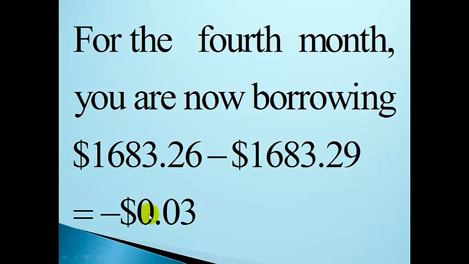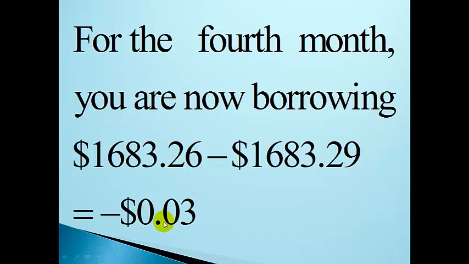That means that by the time you do the third monthly payment, you have overpaid, and the bank will now be owing you $0.03. It means that you don't even pay for the fourth month.